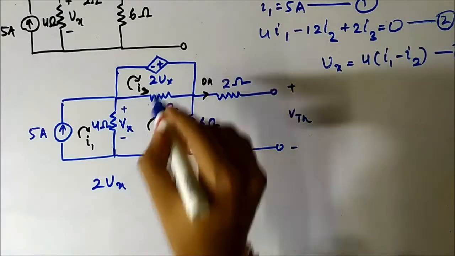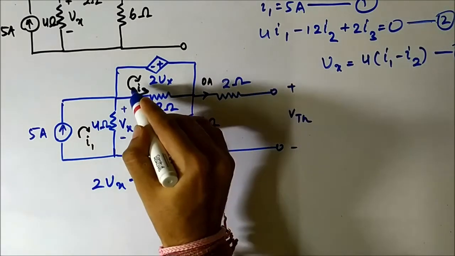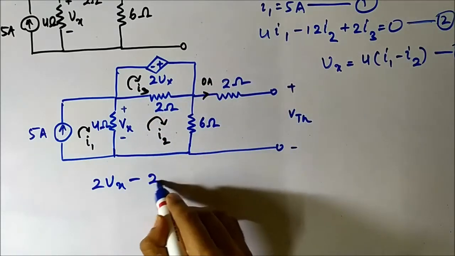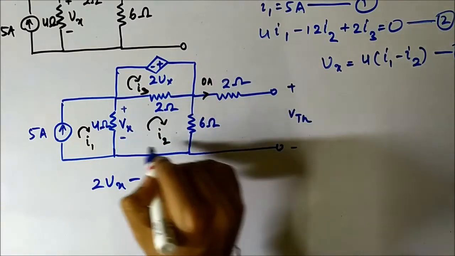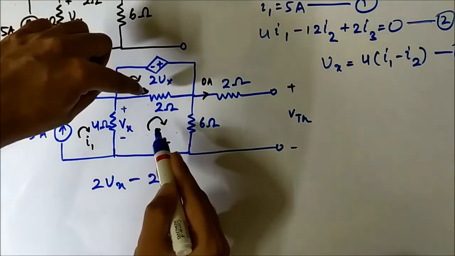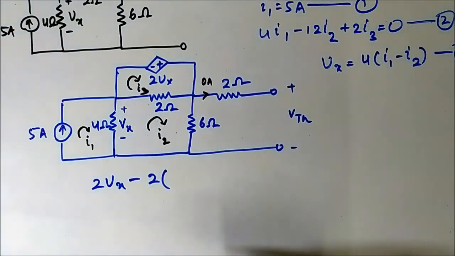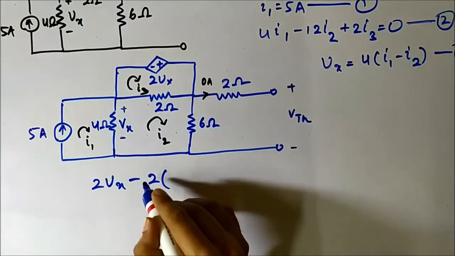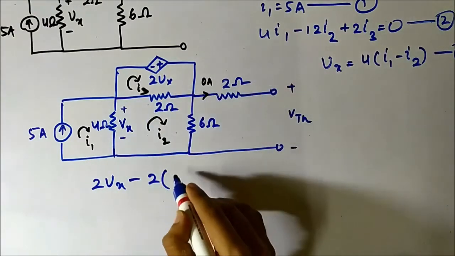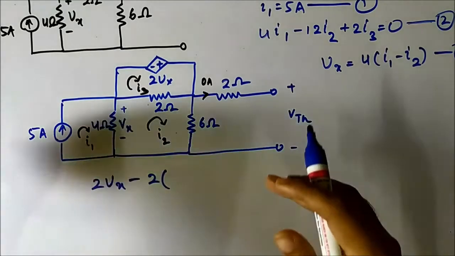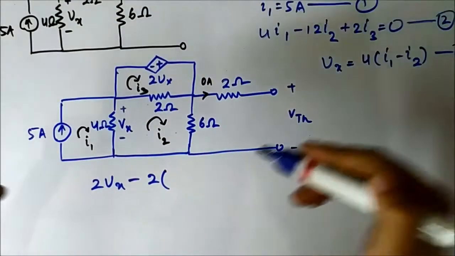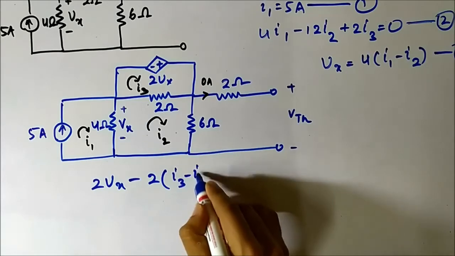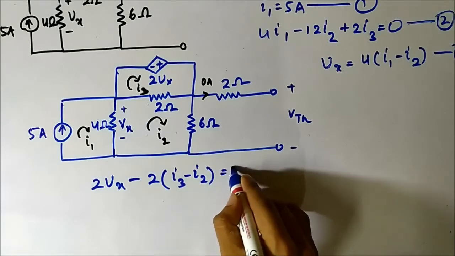2Vx minus, considering I3 as the reference here, minus 2 into (I3 minus I2), because I3 and I2 are flowing in opposite directions through the 2 ohm resistor, so minus 2 ohm into (I3 minus I2), is equal to 0.